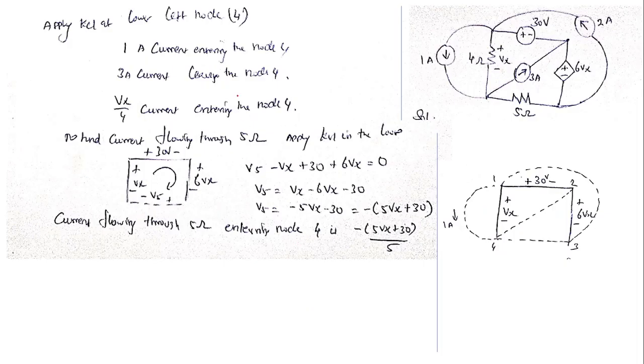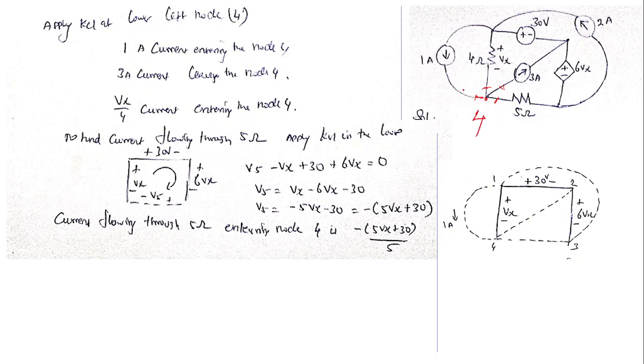Check here, applying KCL to node 4. What are the branches connected to node 4? If you see, we have this branch connected, 1, 2, 3, 4. There are totally 4 branches connected to node 4. So I need to know the current flowing through the branches connecting to node 4.